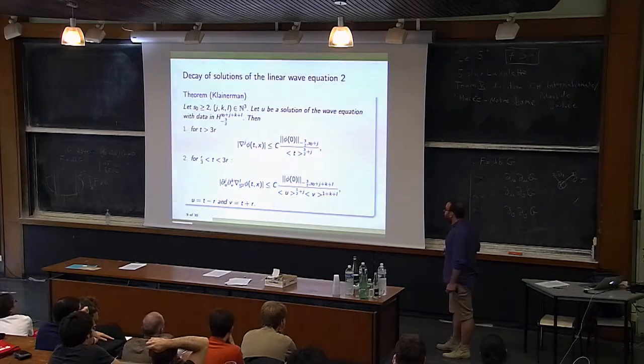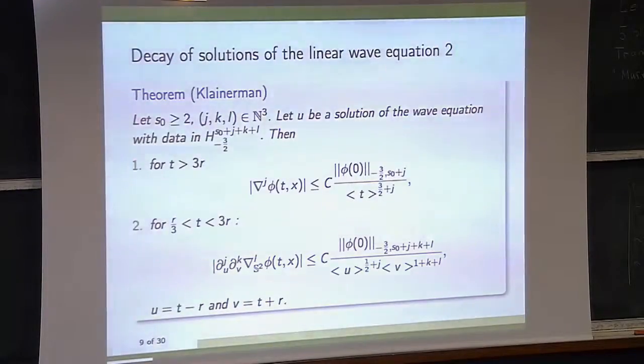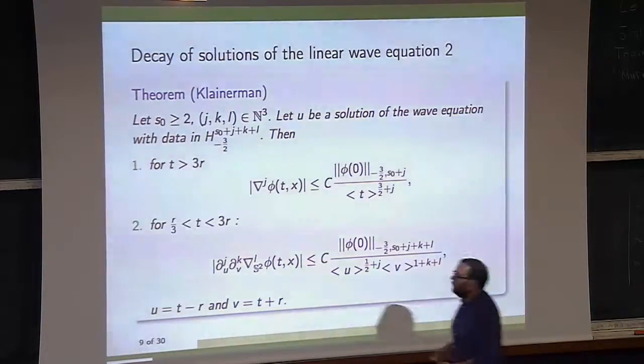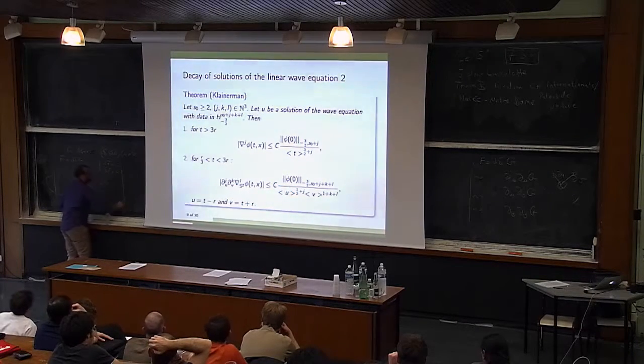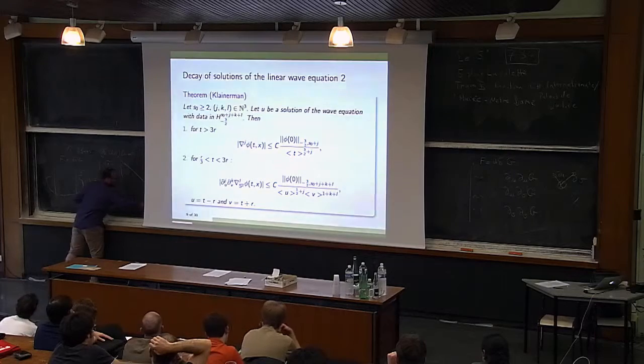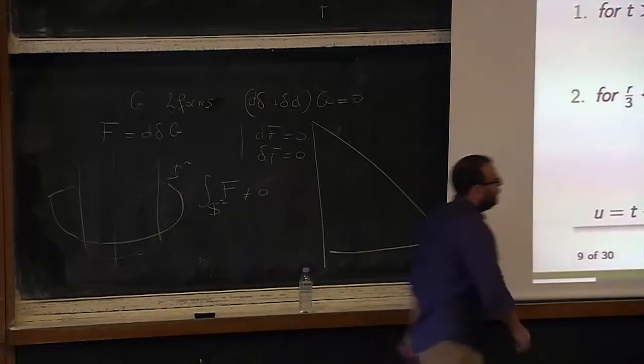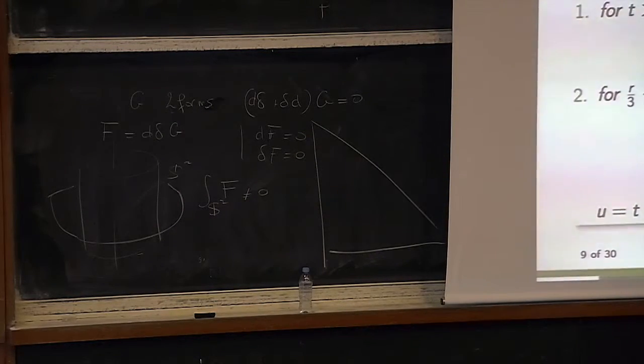Okay? So the more derivatives I'm taking in u, in the u equal constant direction, the less decay I'm having. The more derivatives I'm taking in the direction v, or in the direction on the sphere, the more decay I'm having in the v direction. Sorry, just to remind you, I assume that you don't see what I'm doing.